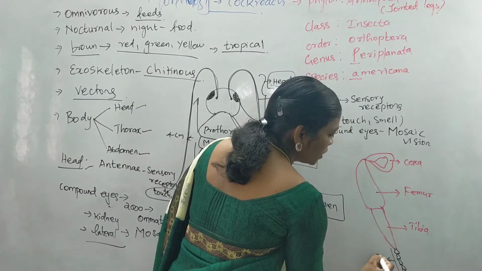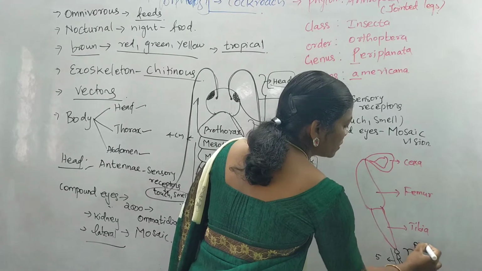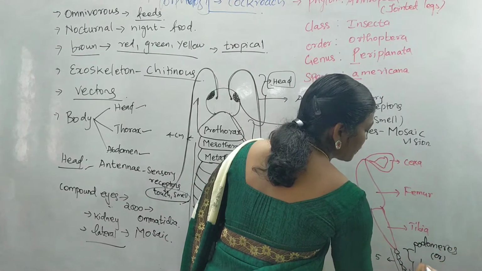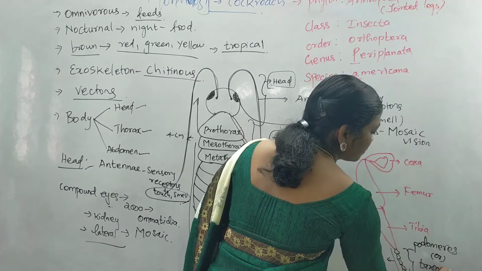These segments are known as podomeres, or they are also known as tarsomeres.